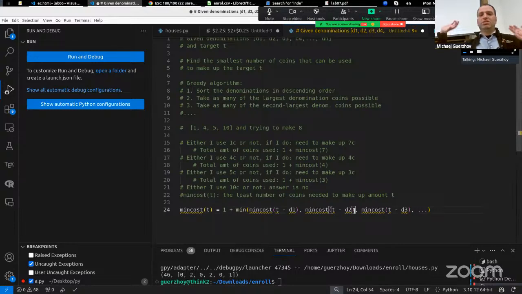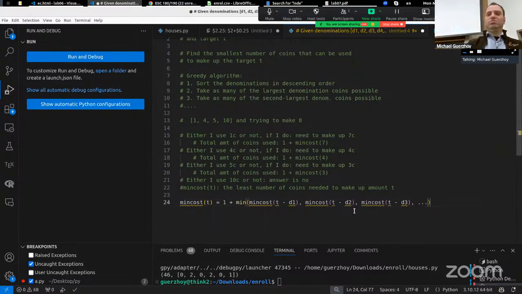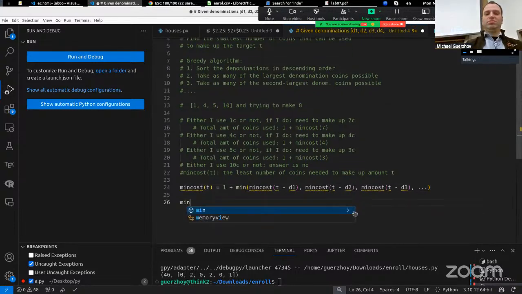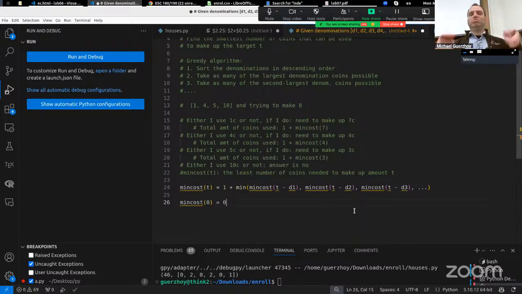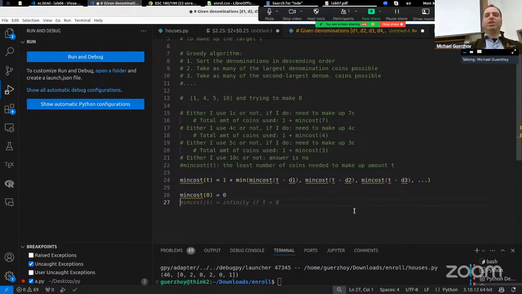So let's kind of trace it. So what's min cost 0? Min cost 0 is just 0 because 0 coins, right? So what's min cost 1? Anyone?